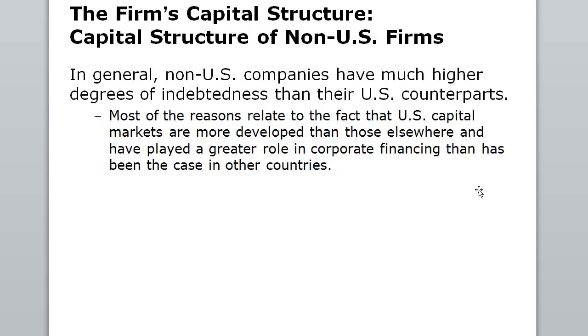Now, non-U.S. companies have a much higher degree of indebtedness than their U.S. counterparts. U.S. companies have typically had an easier time going public, using equity, and incorporating equity into the capital structure.